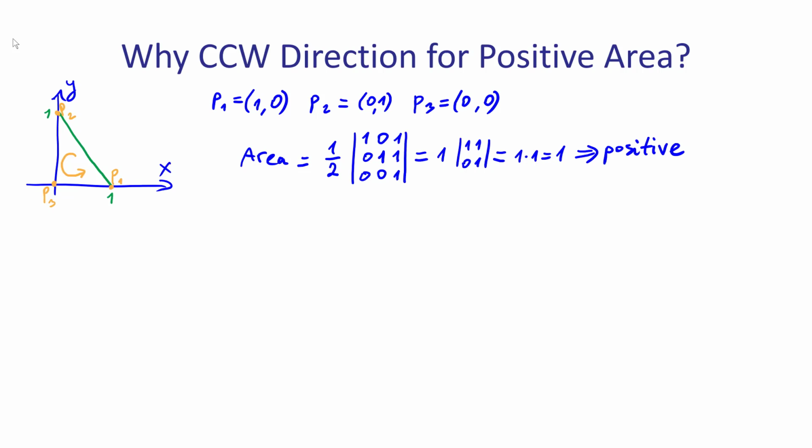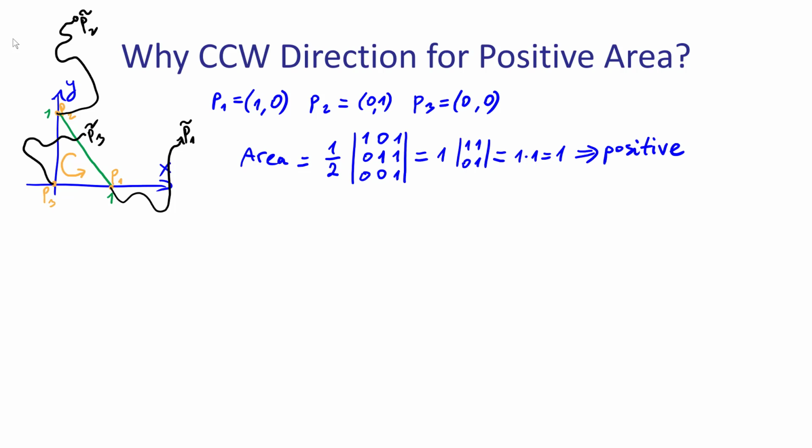By continuous deformation of the triangle that we have here, we can move the points P1, P2, and P3 to any other set of points with the same counterclockwise direction, without letting them become collinear. So every one of those points will move by some trajectory to some other point, P1 tilde, and this point will also move somehow to some other point, P2 tilde, and this point can move to any other point, P3 tilde.